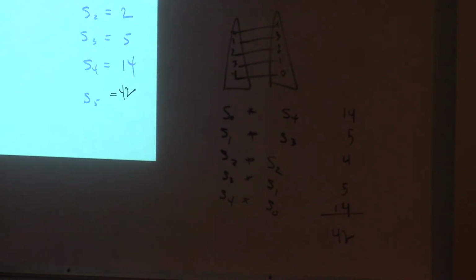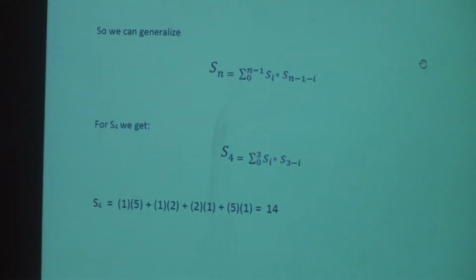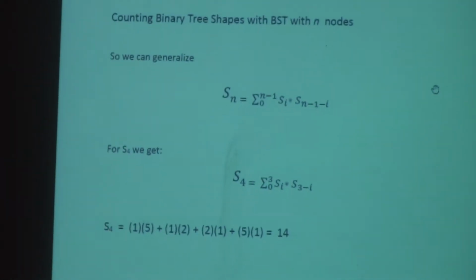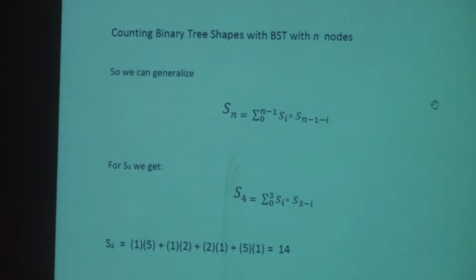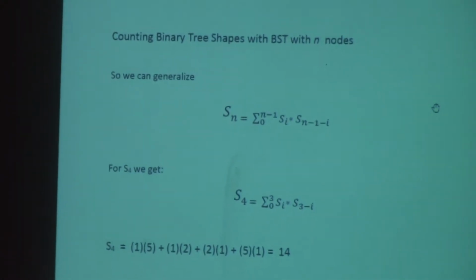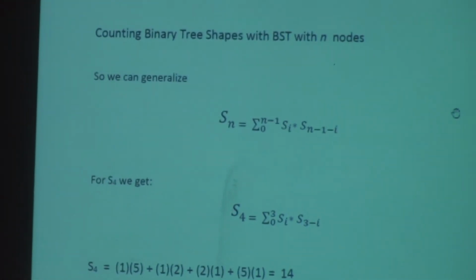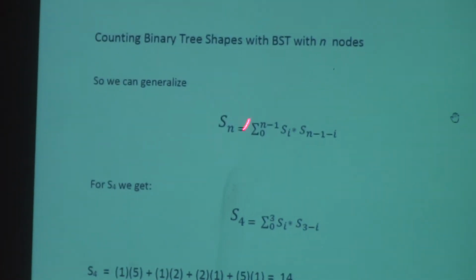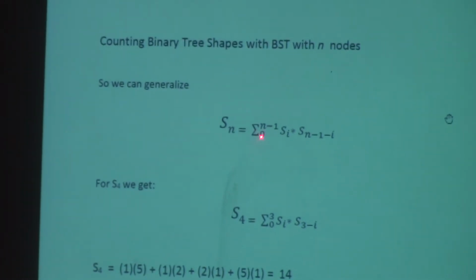So, going back to our notes, we can generalize that the nth number is going to be the summation from 0 to n minus 1 of Si times S of n minus 1 minus i.